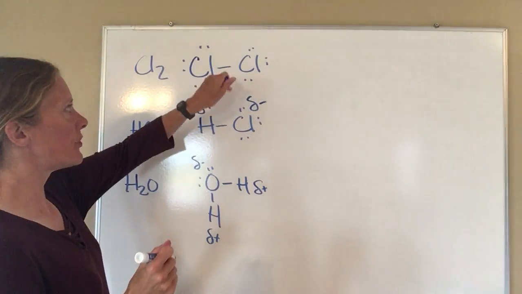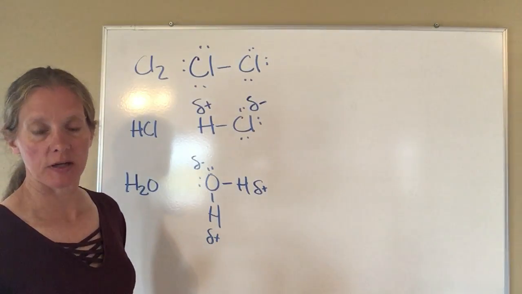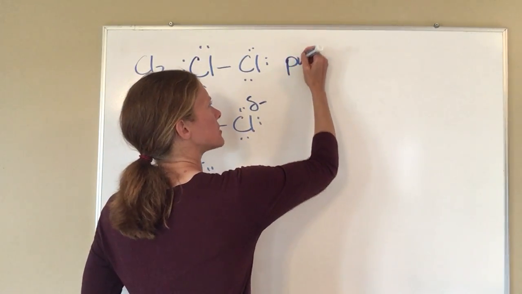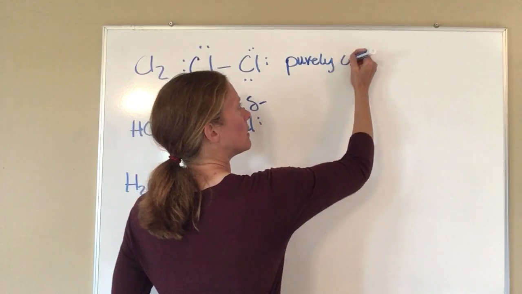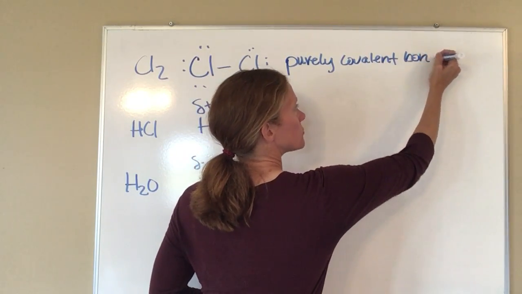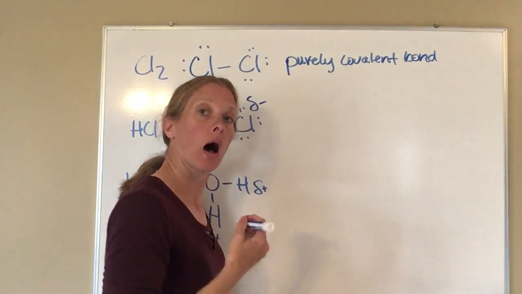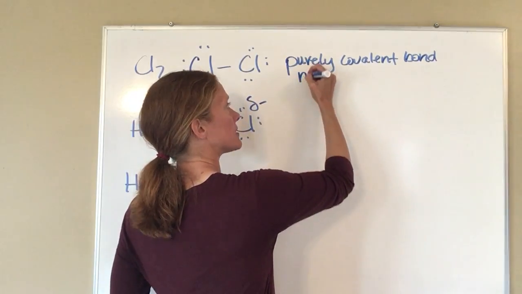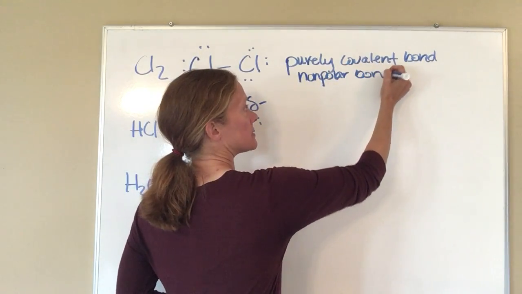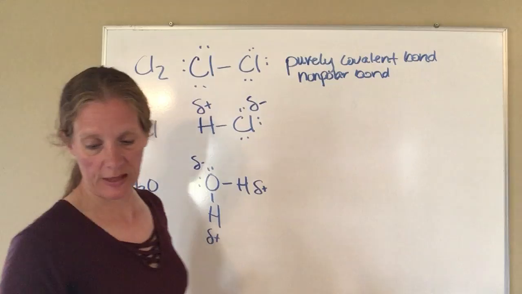So this particular type of bond up here, where the electrons are shared equally, your author calls a purely covalent bond because the electrons are being shared equally. Other textbooks will call this a non-polar bond because they are shared equally, okay?